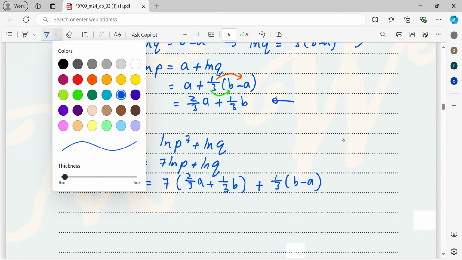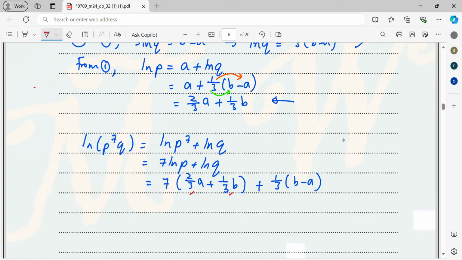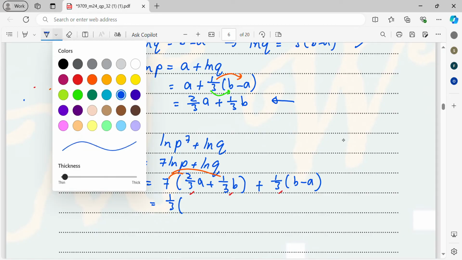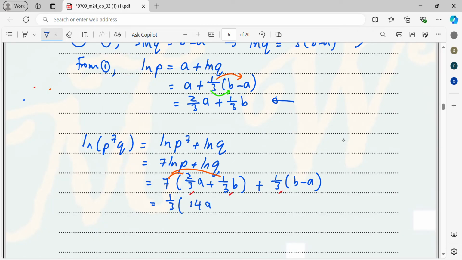So from here, I notice that all are divided by 3, which means I can factorize 1/3 from all the terms. Once I factorize, I will do expansion. So 7 times 2, you get 14a. Then 7 times b, that is plus 7b.